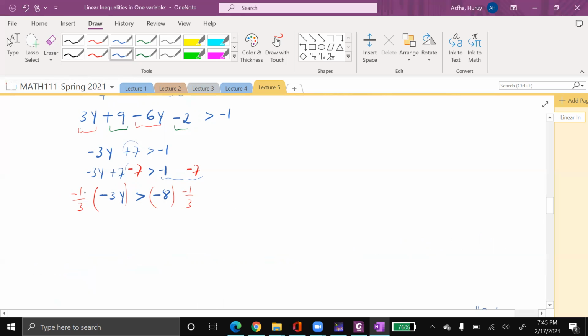So what does it do to the inequality? Well, it flips this one. It reverses this one, okay? So that's the first thing that I need to notice. Since this is negative, I have to flip this one. I shouldn't forget this, okay?